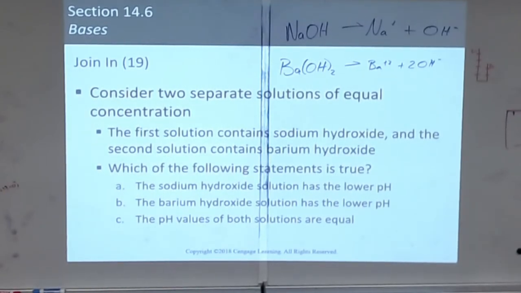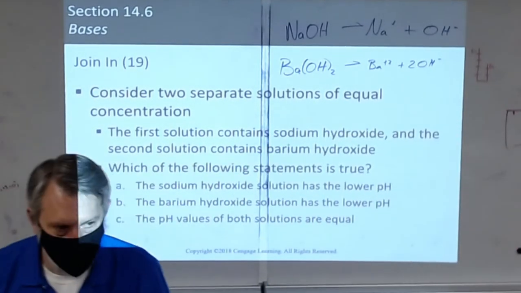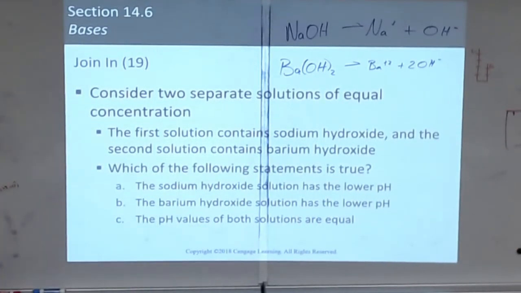So the sodium hydroxide has a lower pH, right? Yes. I have to have fewer hydroxides to have a lower pH. Since I have more hydroxides with barium, I have a higher pH.